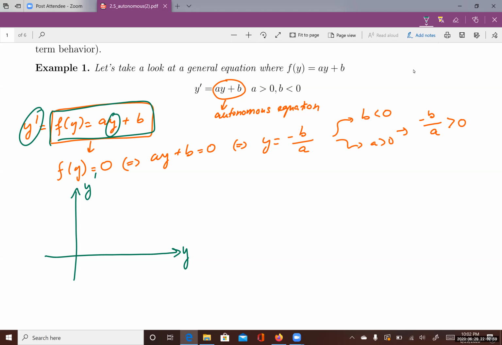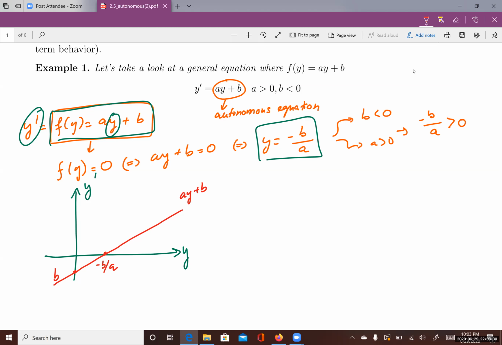We know that negative b over a is positive, and y prime equals 0 when y equals negative b over a. That means if b is here, then negative b over a is here, and this is the line ay plus b right here.